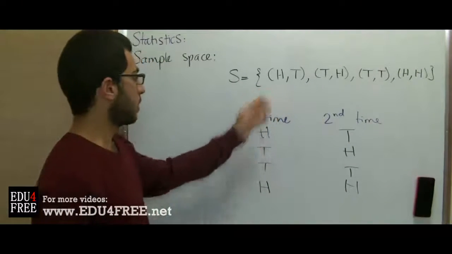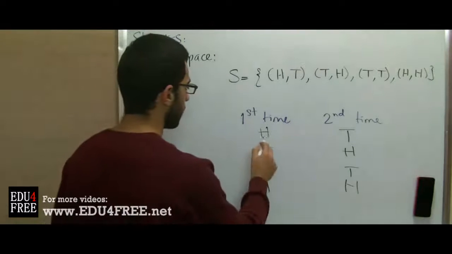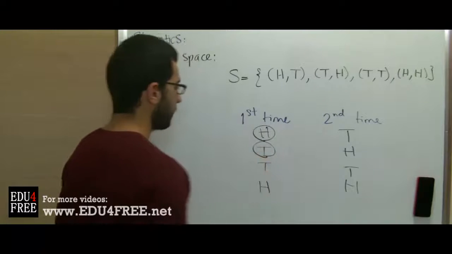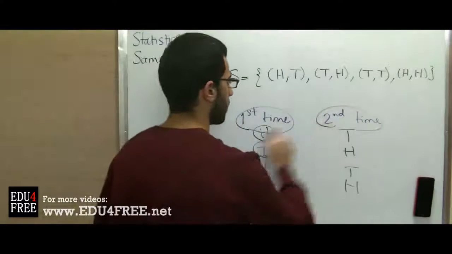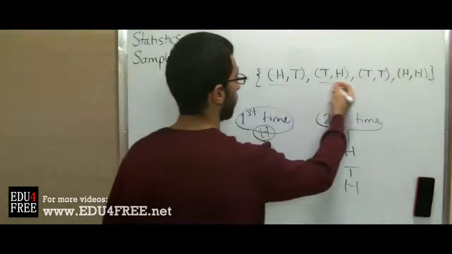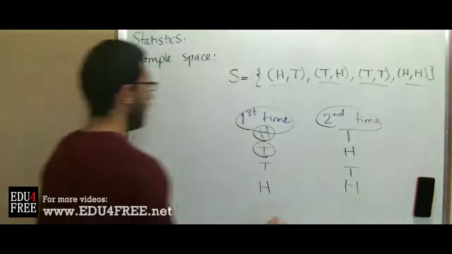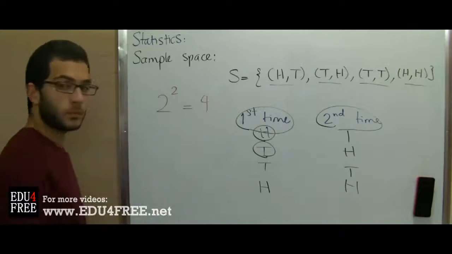We can conclude from this that our possible outcomes are heads and tails, and we tossed the coin 2 times. Then our possible outcomes are 4, and 2 to the power of 2 equals 4.